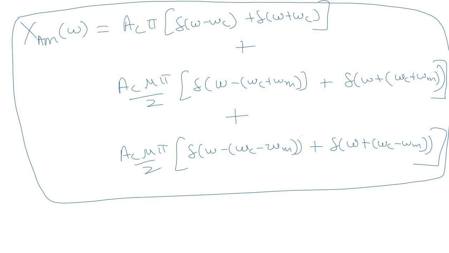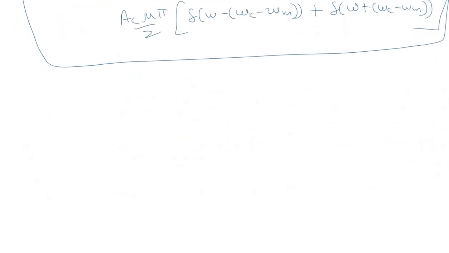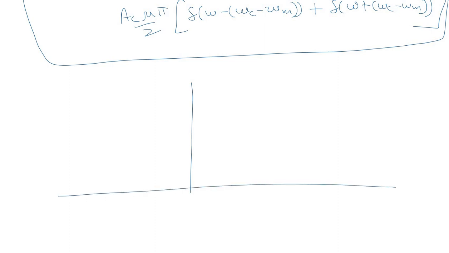Okay, now since we have the frequency domain analysis with us, we can easily plot the spectrum of this signal. Let us try to plot the spectrum over here. This will be with respect to the frequency. Let's say this is the origin.